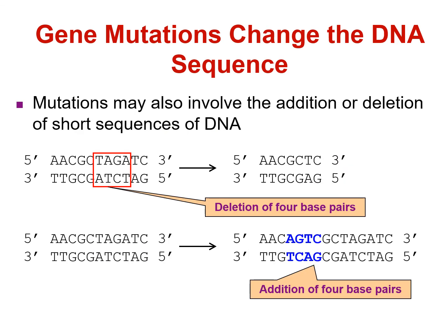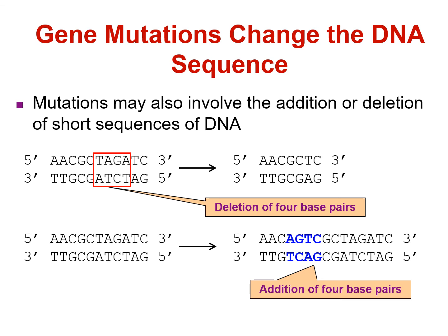Other than base substitution, mutation may also involve the addition or deletion of a short sequence of DNA. For example, here we have 2, 4, 6, 8, 9, 10 or 11 nucleotides. So these 4 nucleotides are being deleted.